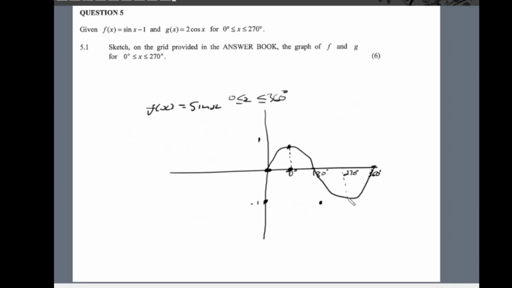Leli again you'll shift it 1 unit down from here to here, and then leli you shift it 1 unit down, and then now you connect the dots. Okay, I see straight again, but this is how it should be. You are just shifting the standard function 1 unit down. Right, so now this will be the graph of sine x minus 1.